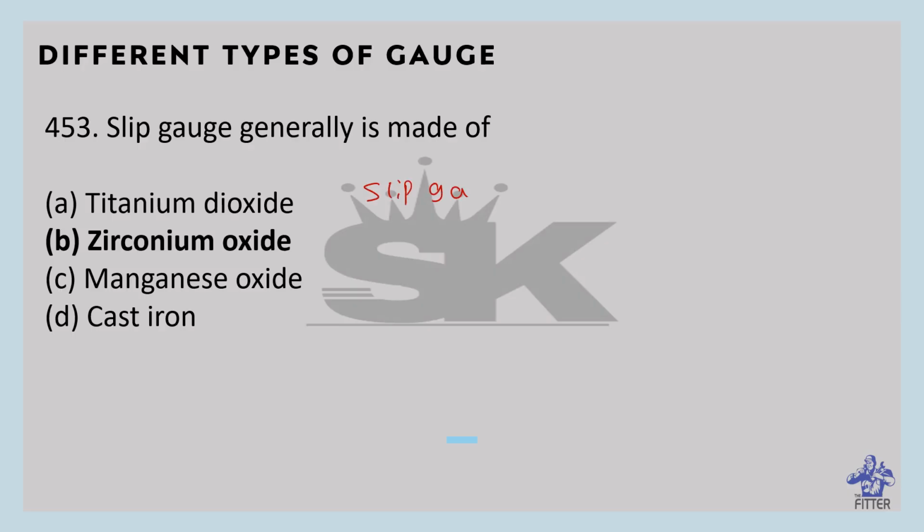Slip gauge, also known as Johnson gauge or gauge block, is used as a standard for precision length measurement.